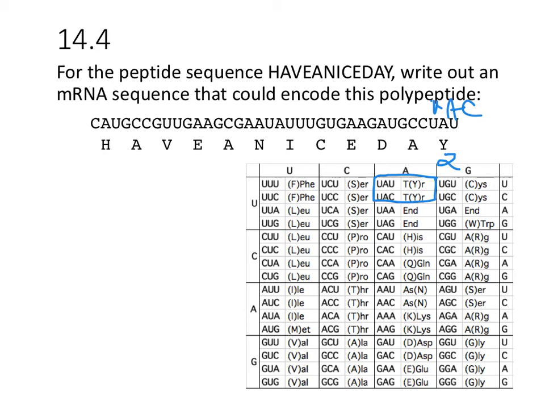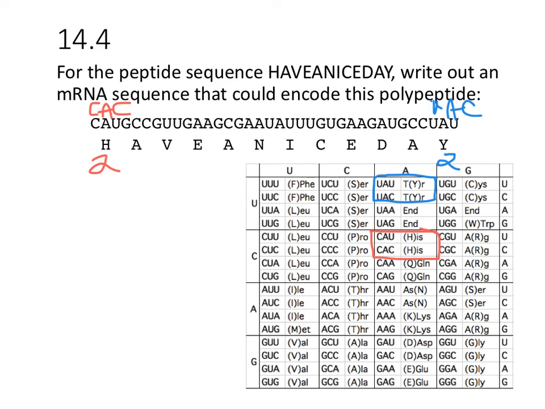Okay, what else? Are those the only two DNA sequences that can produce that protein? The first three nucleotides, CAU, could be changed to CAC. Okay, both of those code for histidine. Yep, CAU could be CAC because there are two codons that produce histidine.